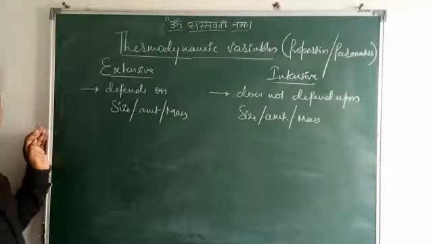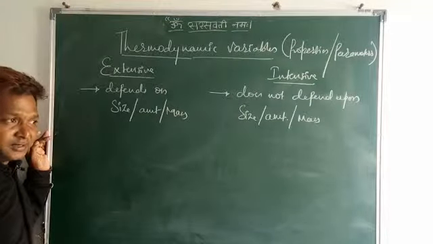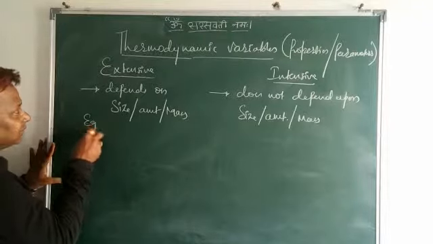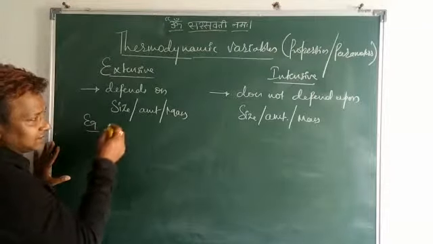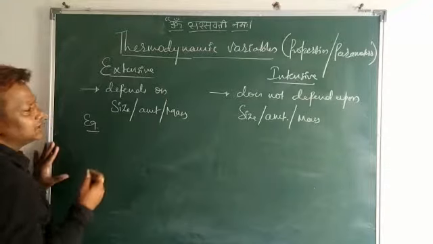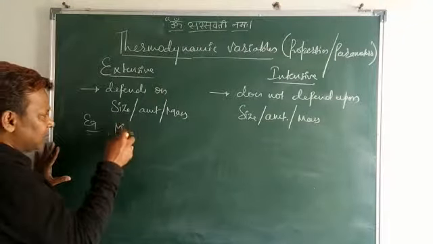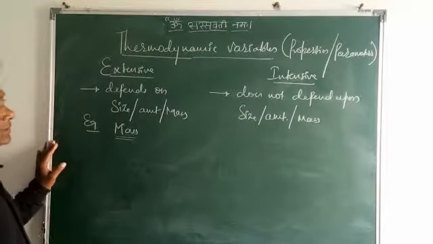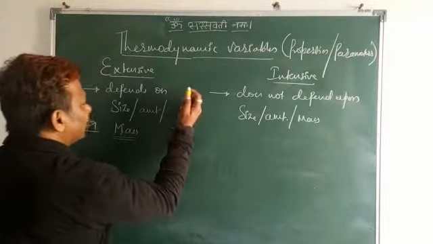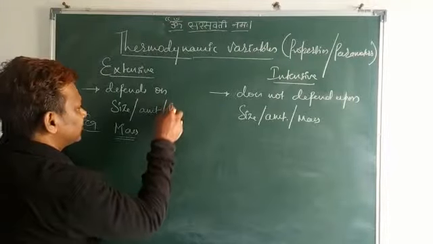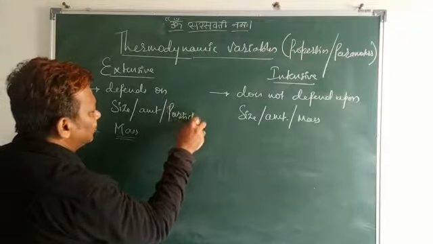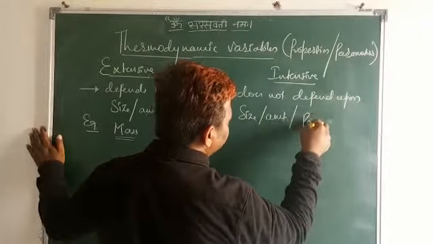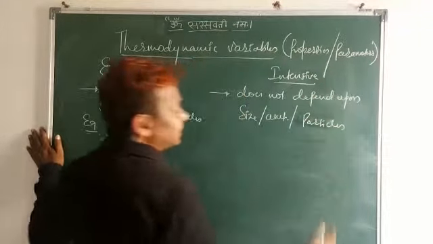We'll see examples for this, what are the extensive properties and what are the intensive properties, and how to remember these examples. Instead of saying mass, I can say a property that depends on size, amount, or the particles is called extensive, and if it does not depend on size, amount, or even on the particles, then it is called intensive.